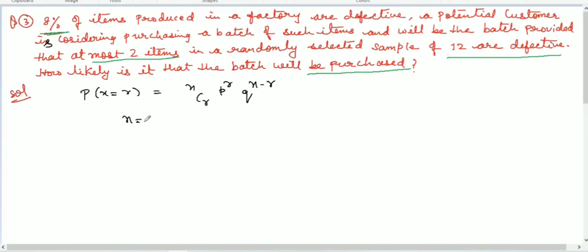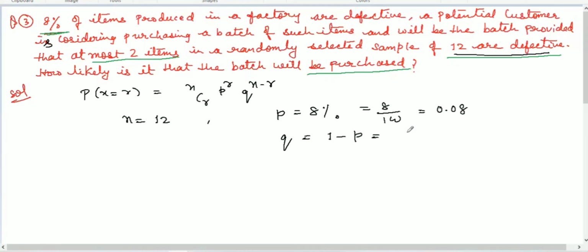Here n equal to 12, and probability of success is equal to 8%. It means 8 over 100 equal to 0.08. I'll explain why. q equal to 1 minus probability of success. So 1 minus 0.08, you will get 0.92.